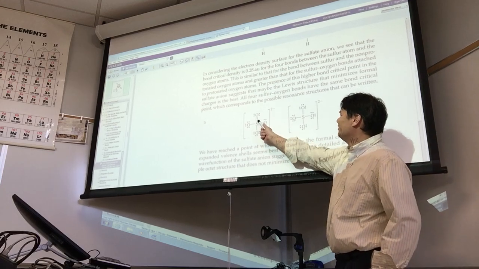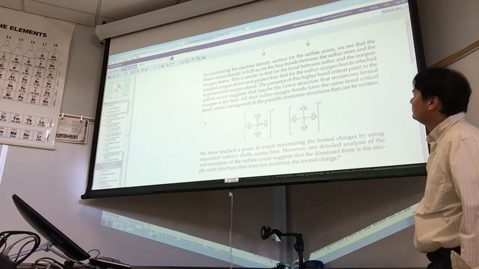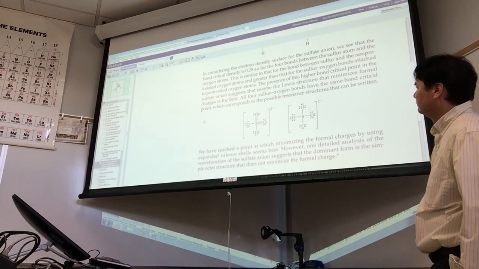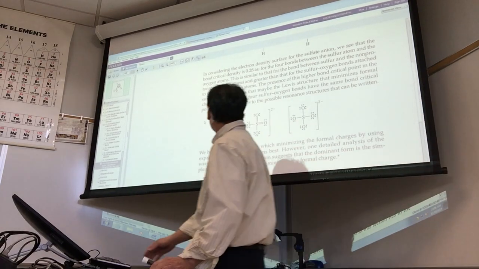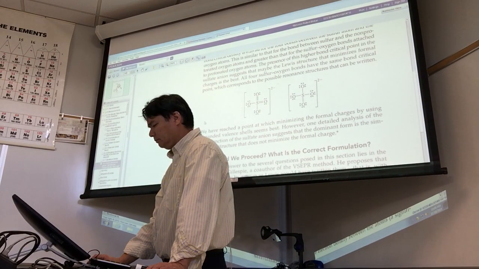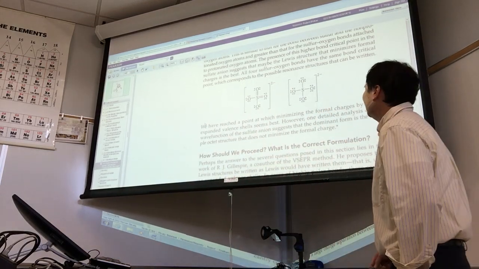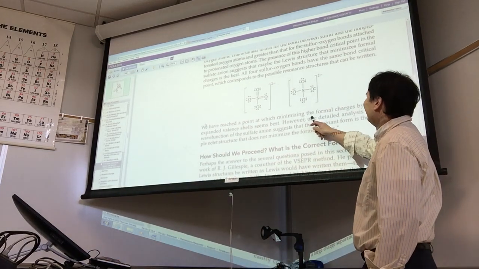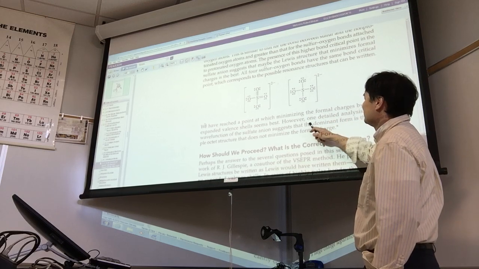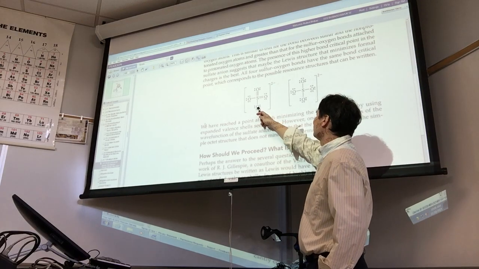Here we have the minimized formal charge. And so we reach the point at which minimizing formal charges by using expanded valence shells seems best. Okay, so we expand the valence shells.